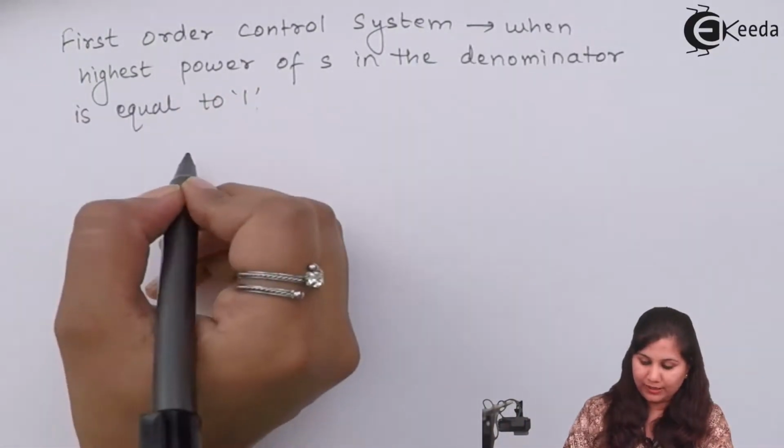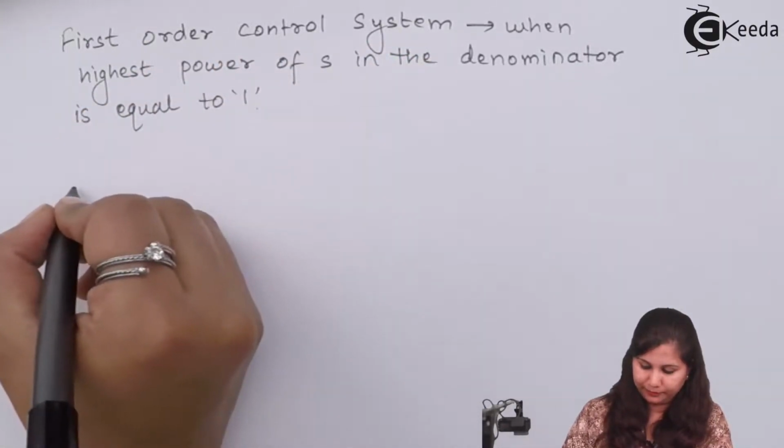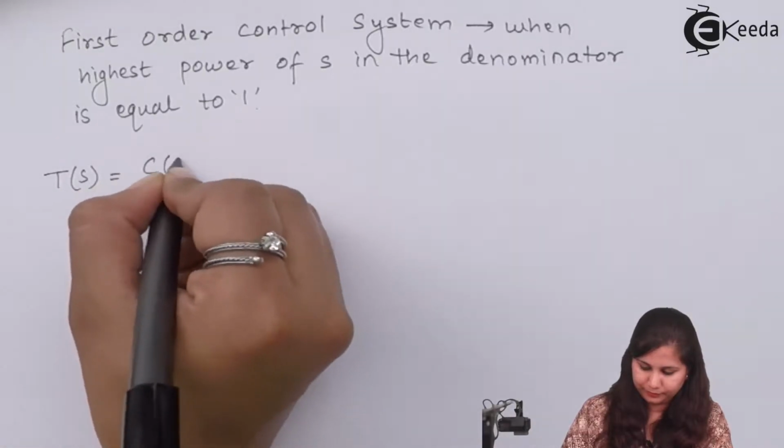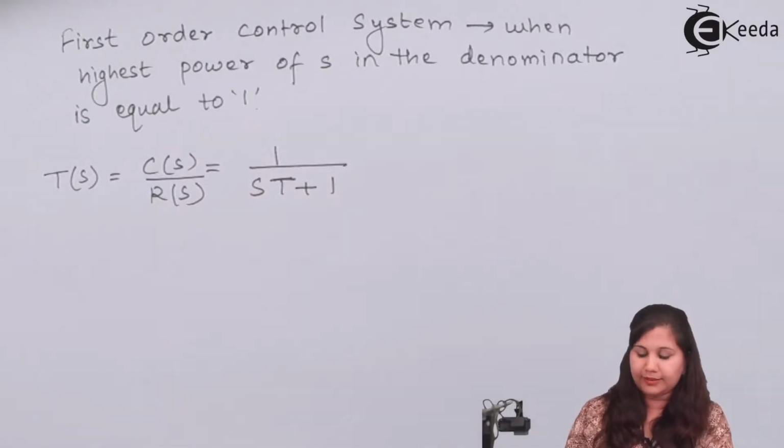So if we see the transfer function of a first order control system, this is the transfer function for it.